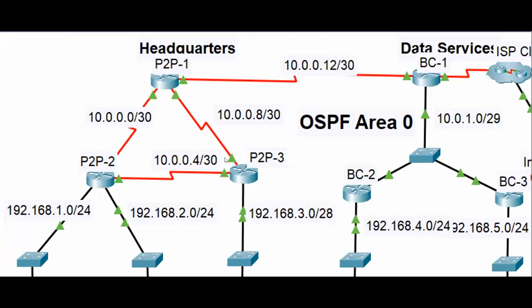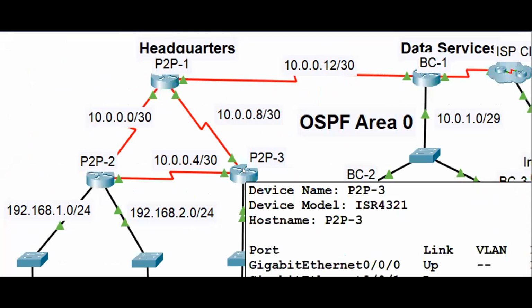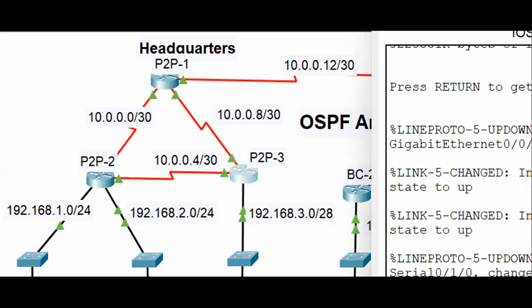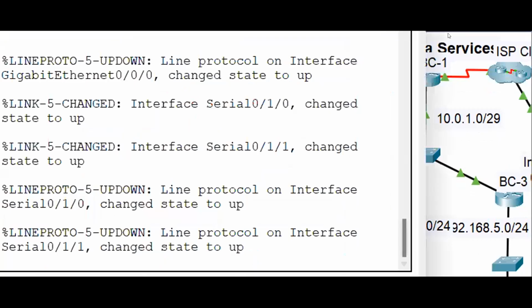So we will do the same thing: router OSPF process ID 10, then passive interface on this guy, then auto cost reference bandwidth, then we'll advertise the 1, 2, 3 networks. All right, so let's do it.